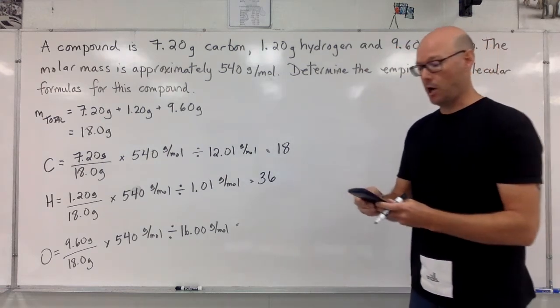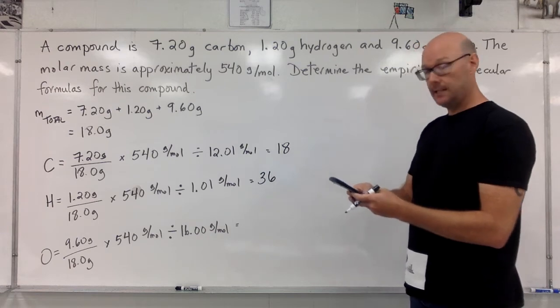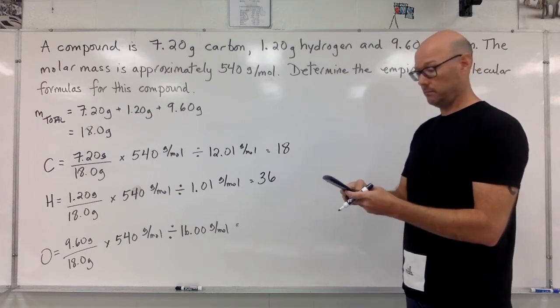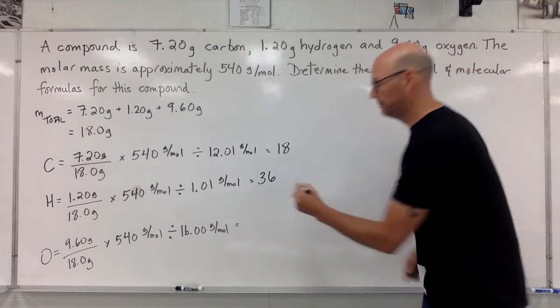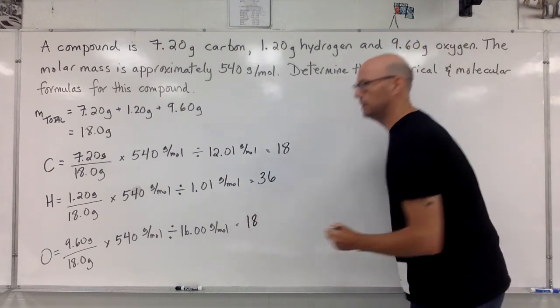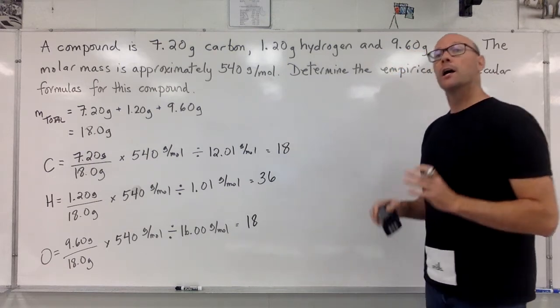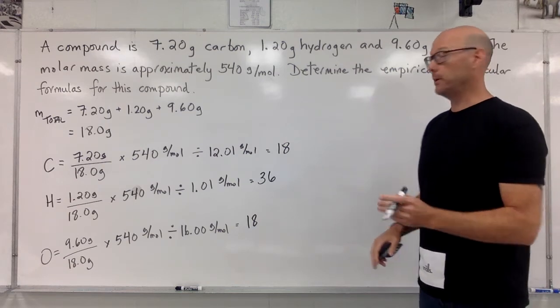One more time, the oxygen. 9.6 divided by 18 times 540 divided by 16. Works out to, on the nose, without rounding at all, 18. These answers, these whole numbers, are the subscript values for the molecular formula.